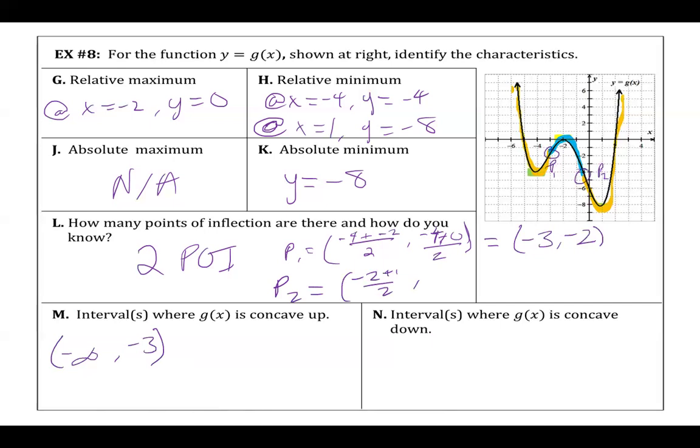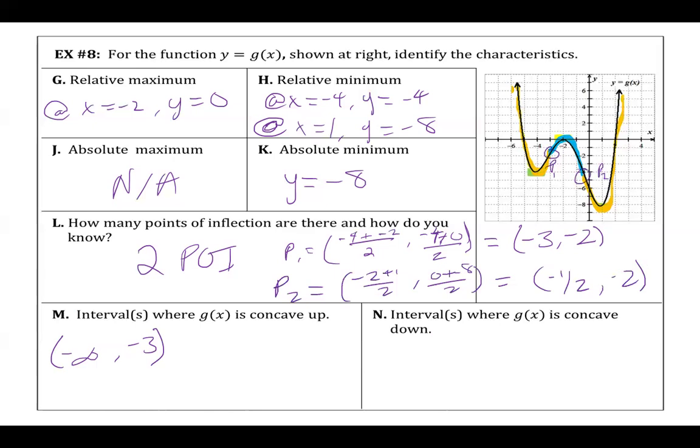And I have 0 plus -8 divided by 2. -2 plus 1 is -1. That leaves me with -1/2. 0 plus -8 is -8. -8 divided by 2 is -4. So my second POI is at -1/2, -4.